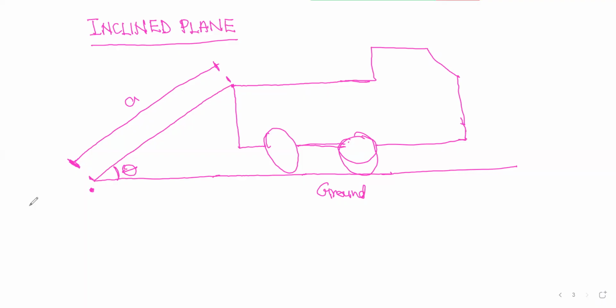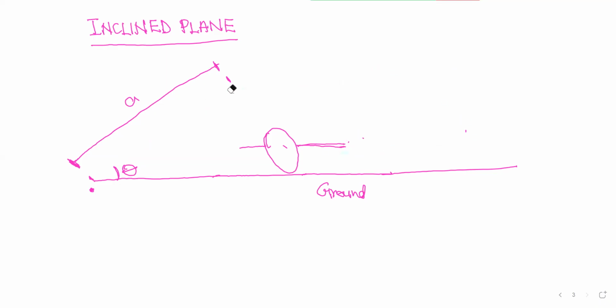And market women also use the inclined plane to load their foodstuffs and some other items in a truck. So it's a simple machine which can be used to load and offload materials. Any question? So that is what we are actually going to investigate. What is it about the inclined plane?